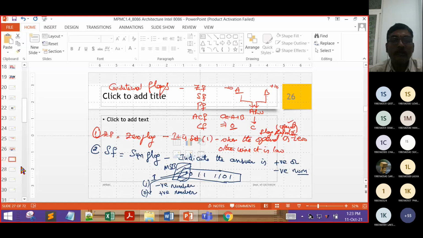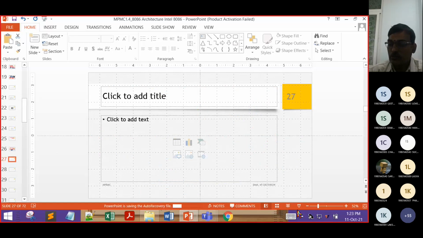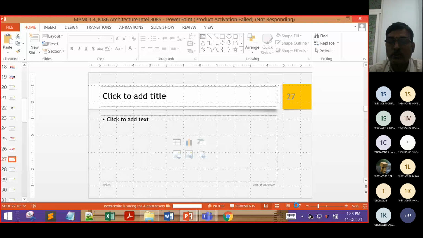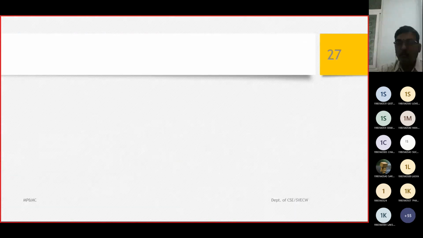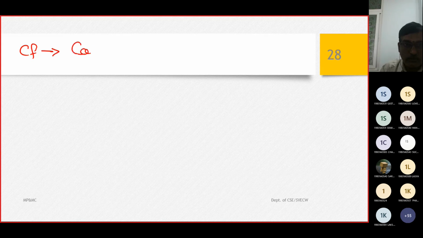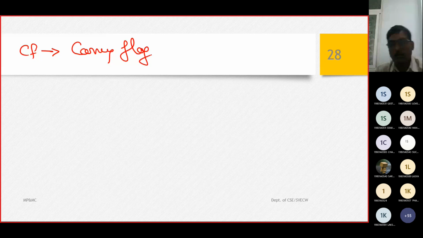So, the remaining flag instructions we need to talk about will be the CF. CF stands for carry flag.